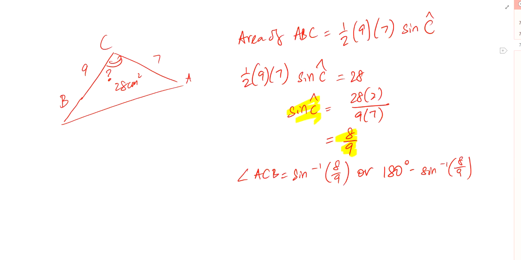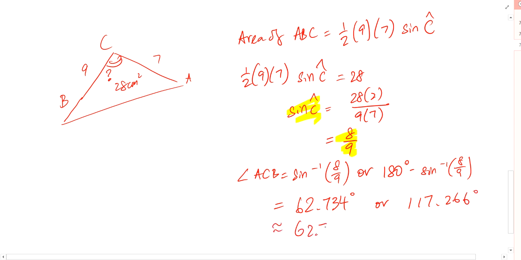So I have two answers and they are, the first one, 62.7 degrees, or 180 minus, so we get 117.266 degrees. Then you round off to 1 dp, 62.7 degrees or 117.3 degrees.